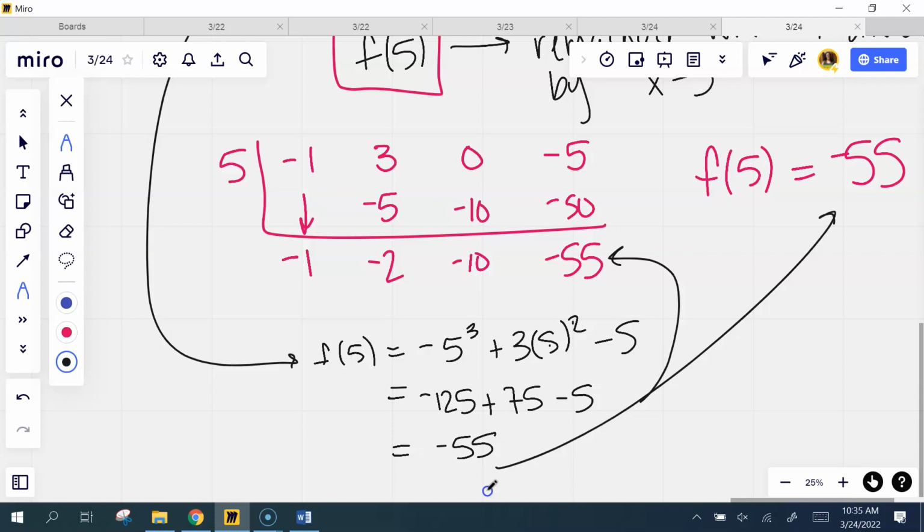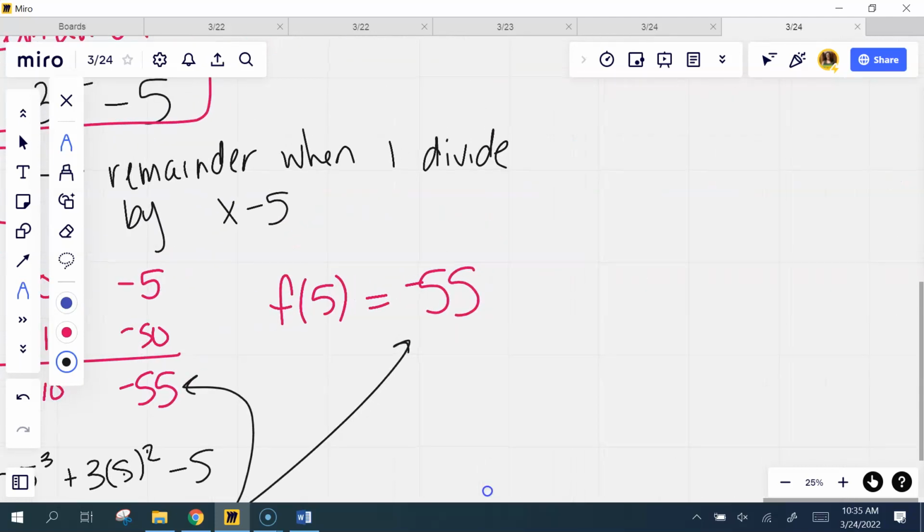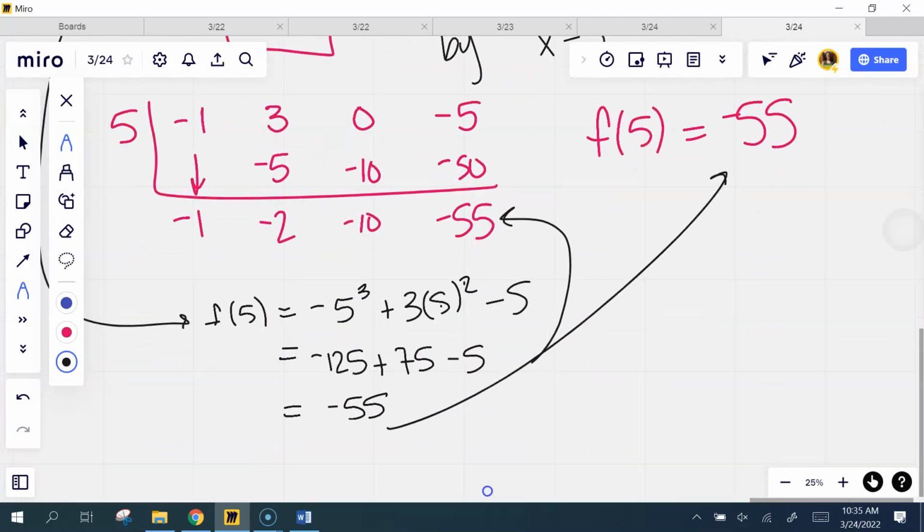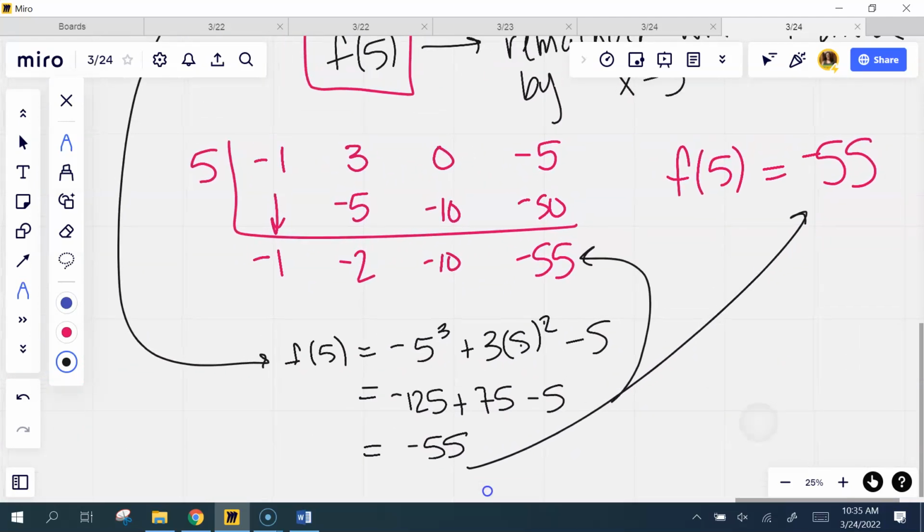Look at number 4. Well, let's do number 5. Let's do number 4. So for number 3, you don't write the quotient. I just want you to write the remainder and f of 5, which should be the same thing. That's what I'm trying to get you to see here, is that they're the same value. You don't understand?